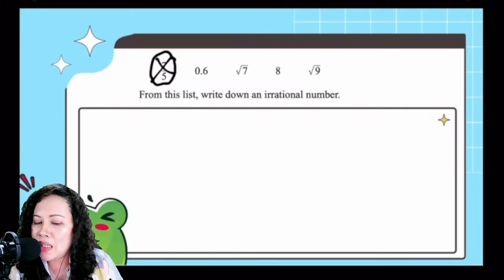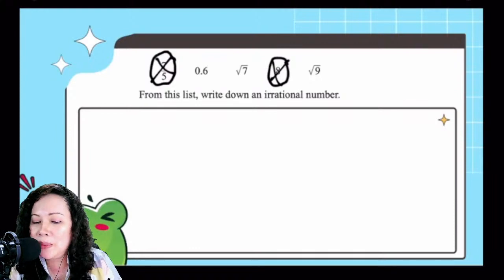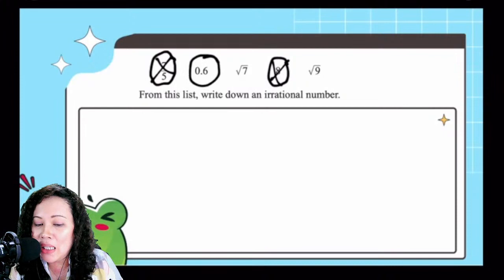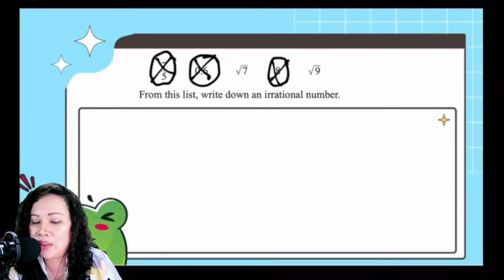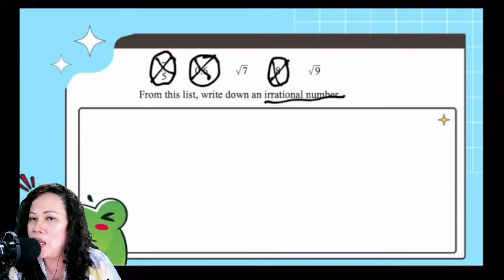This is in fraction form, 8/1, so this is not irrational. Or if it is in decimal form, rational numbers are terminating and repeating. 0.6 is terminating, so that's not irrational, because we're looking for irrational. So we're down with square root of 7 and square root of 9.